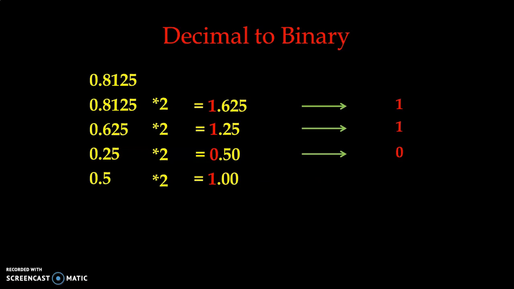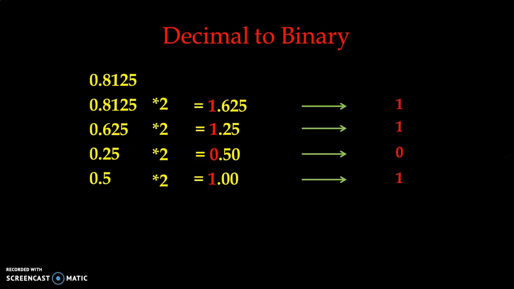The produce is 1.00, so we are taking the integer value, that is 1, apart, but now we can see that the fractional value is 00. So now if we go on multiplying any number of times, the answer will remain 0. If we multiply 0 with any value, then the answer will be 0.